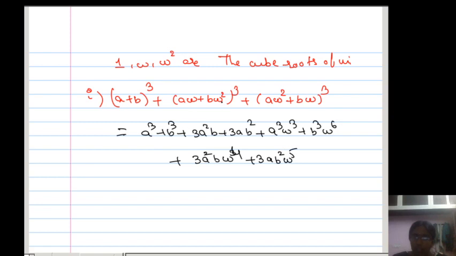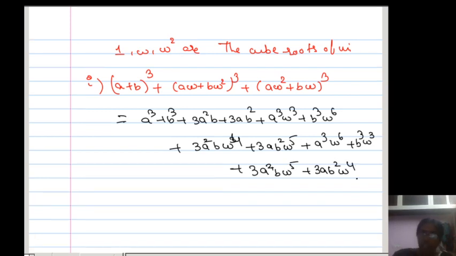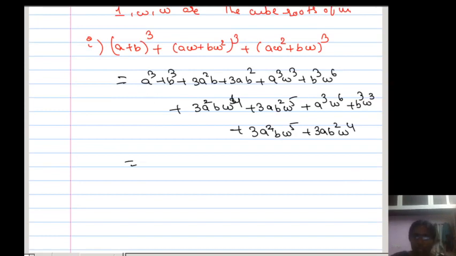So there will be directly a cube omega power 6 plus b cube omega power 6. Next, plus 3a square b means a square omega power 4 into omega, so omega power 5. Next, 3ab square means a as it is, b square omega square, omega power 4. Now substitute the values and simplify. a cube plus b cube as it is.